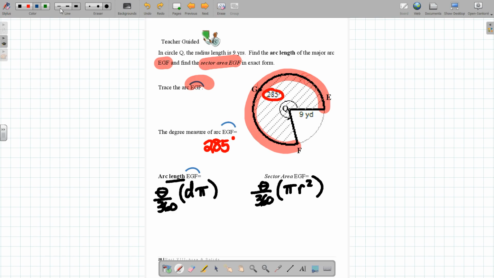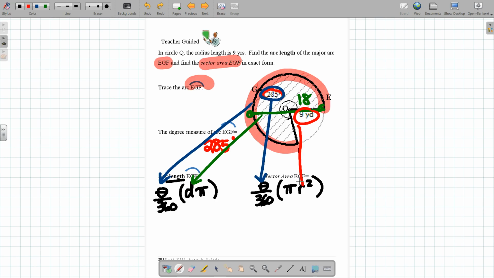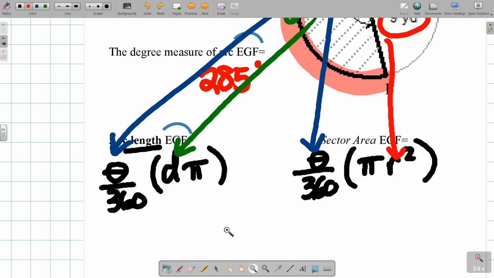So let's plug in what we can. 285 is going to go right there for both. There's your theta. Our diameter is 18. That goes there. R squared goes right there.